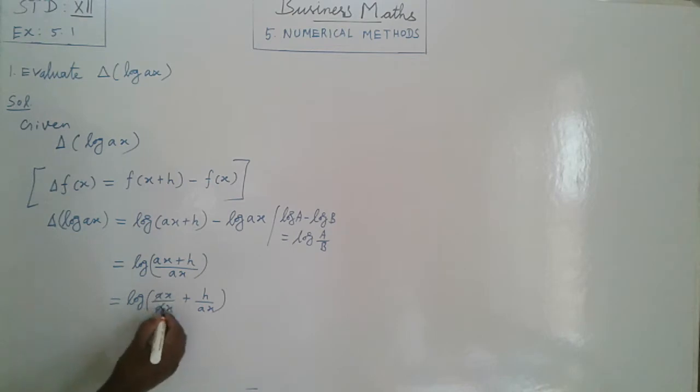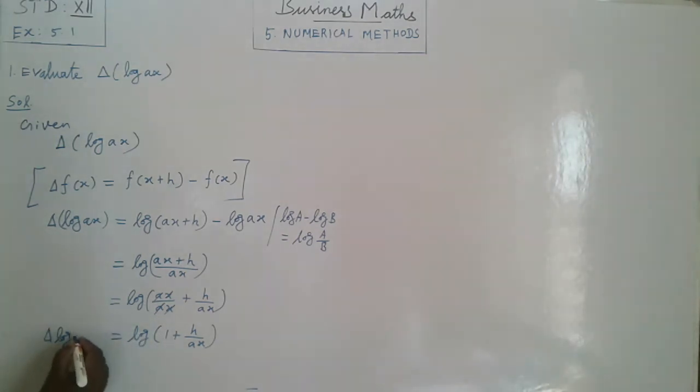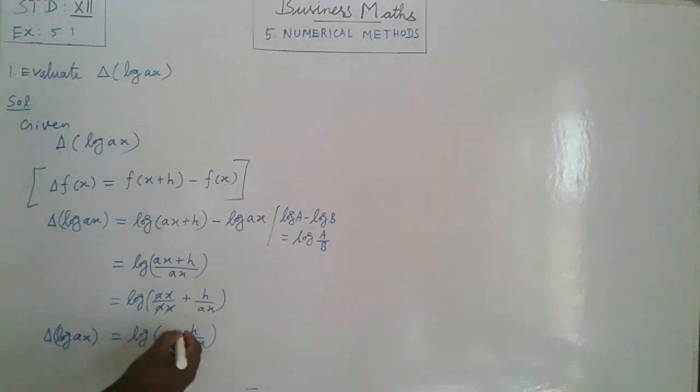The a cancels, the x cancels, so that is equal to log of 1 plus h divided by ax. That's the value. Delta log ax equal to log 1 plus h divided by ax. That's all.